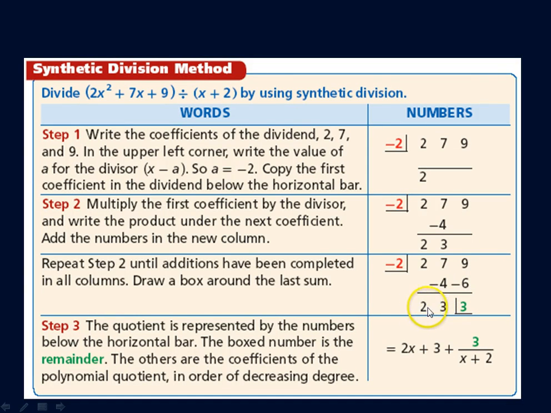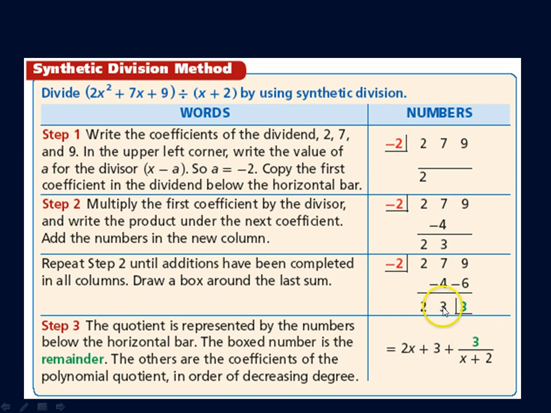The 2 would be x to the first, and any numbers out in front of it, the x would continue to gain a degree for each time you moved over towards the left. So 3 times x to the 0 is just 3. 2 times x to the first is just 2x. So we have 2x plus 3 over x plus 2.